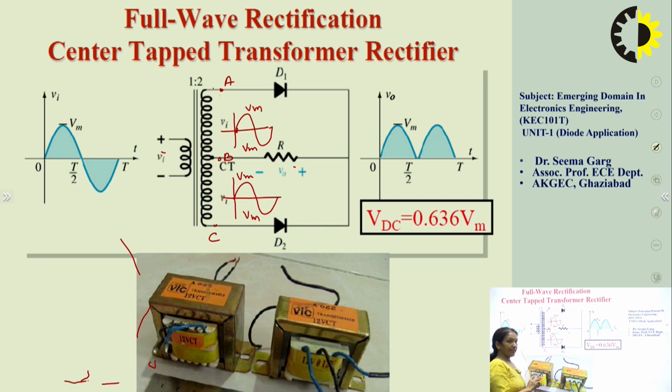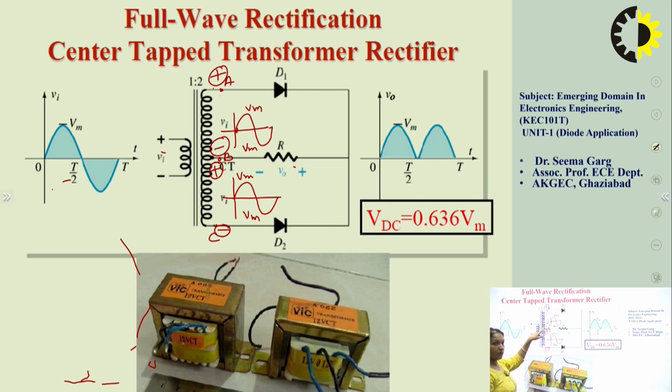So let us understand how this rectifier works. During the first half cycle, 0 to T by 2 time period, terminal A will be at positive potential, B will be at negative potential, and due to the secondary half winding input signal, again this terminal B will be at positive potential and this will be at negative potential. So this plus and minus will get cancelled out.